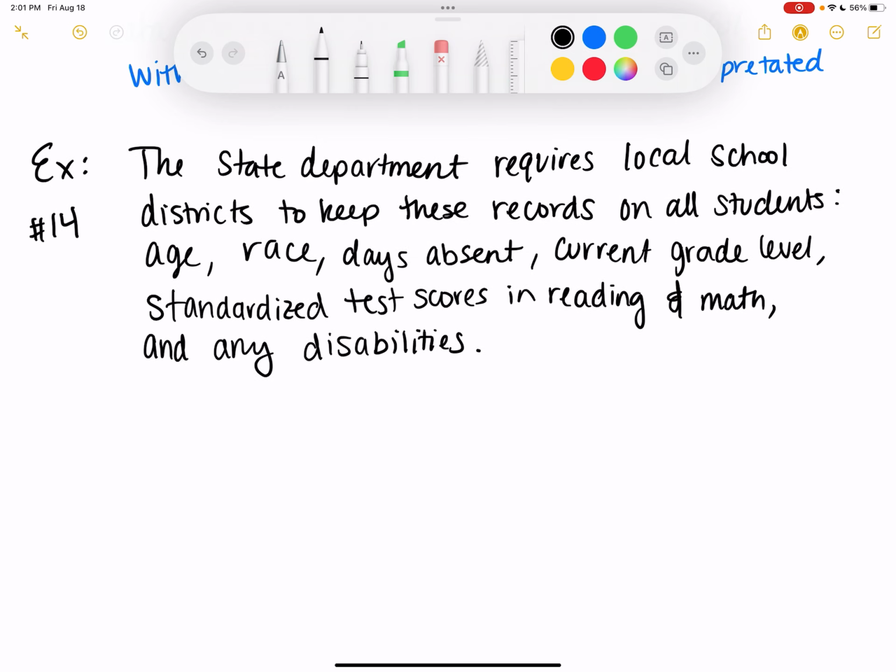I'm gonna let you make sure everybody has that written down before we solve it.